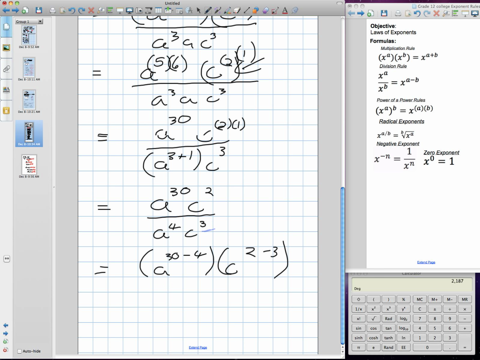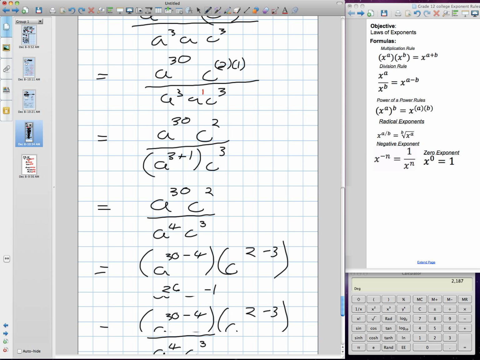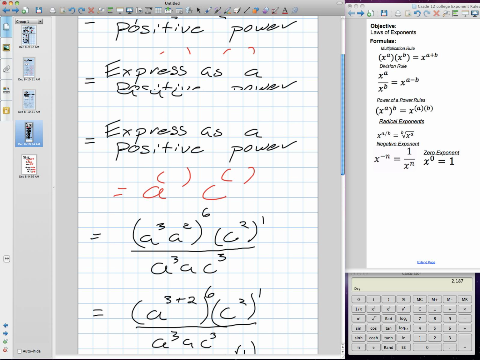Okay? We evaluate these two. What is 30 minus 4? 26. A to the power of 26. What is 2 subtract 3? Negative 1. So, some people might stop here, but if you guys recall, the question way up at the beginning says to express as a positive power.